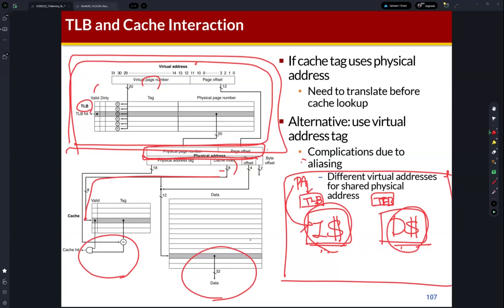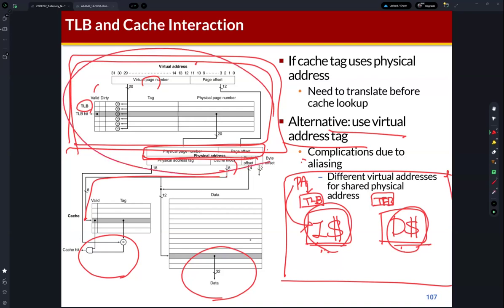So in order to reduce the performance overhead, some CPUs may access the level one cache using virtual addresses. Okay, that can be possible. Some CPUs, actually the modern CPUs, employ this mechanism. It is because for the level one cache, we need to reduce the hit time.